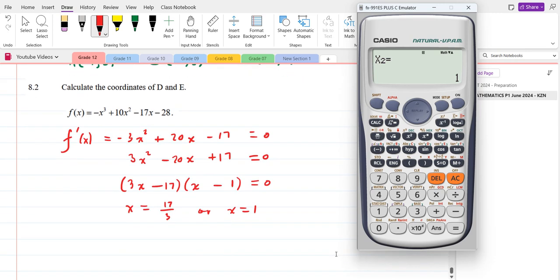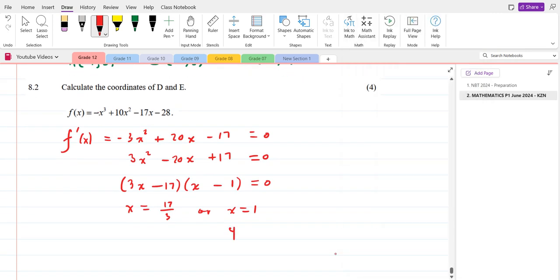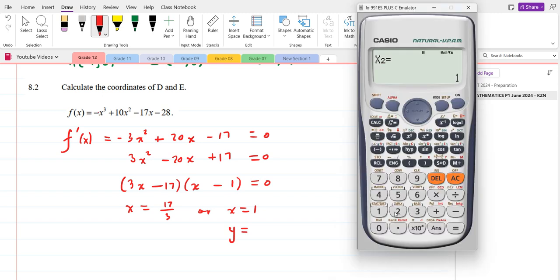Now if I substitute x value 1 inside here, f of x function, you're going to get y is equal to, substituting 1 in this function here, negative 1 plus 10 minus 17 minus 28.